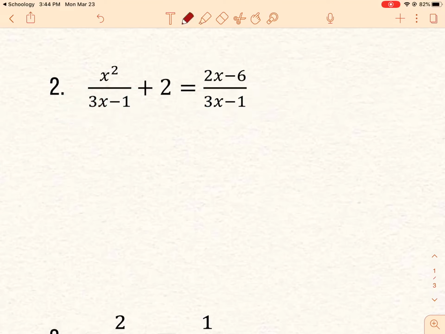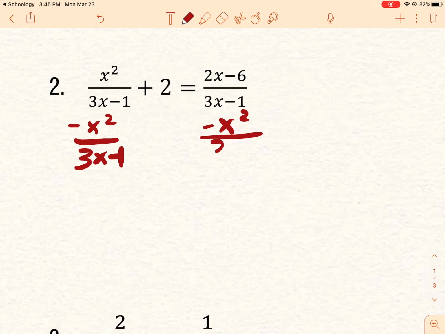So it's almost like if I subtract the x squared over 3x minus 1 from this side, and I subtract the x squared over 3x minus 1 on this side, over here that cancels out. So I'm just left with 2.